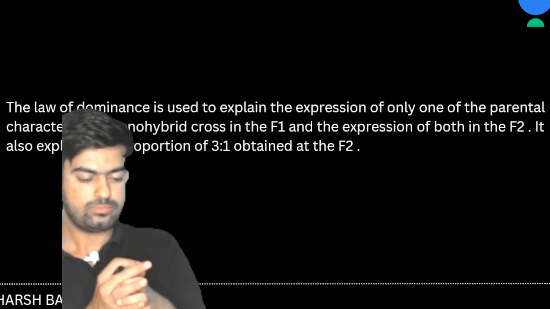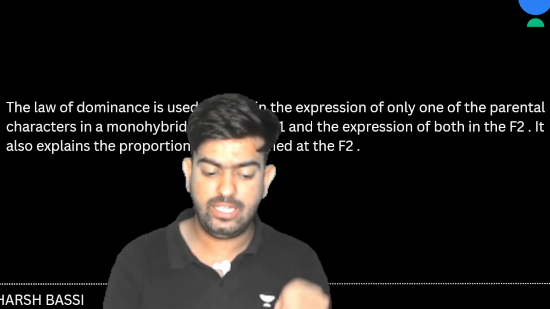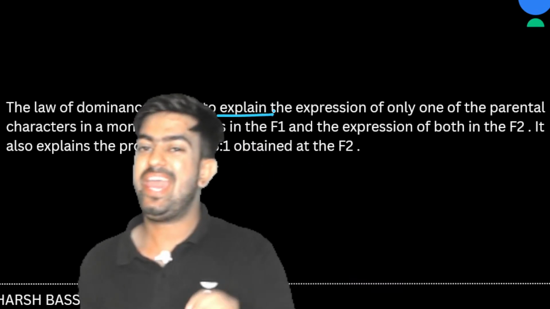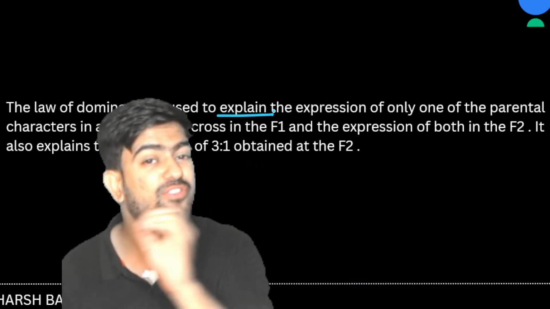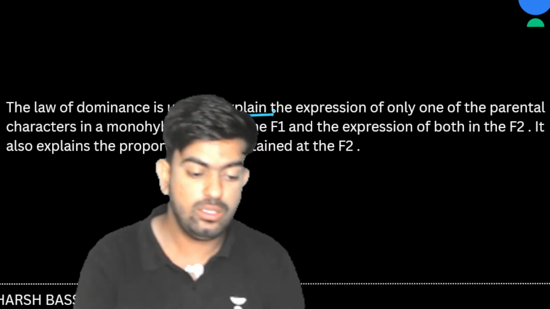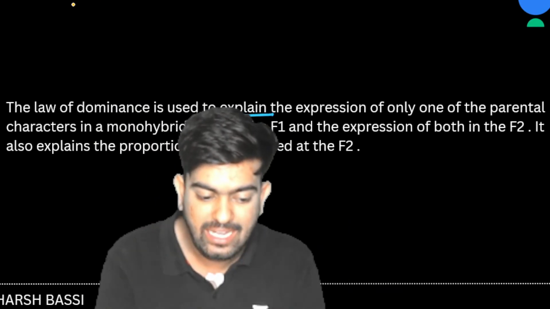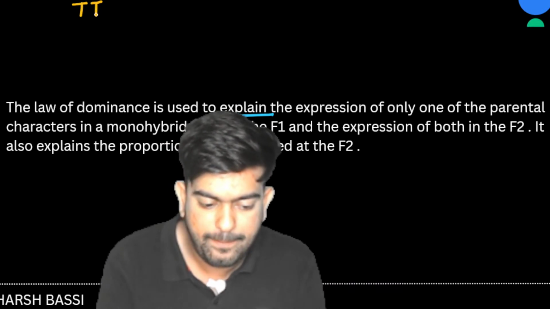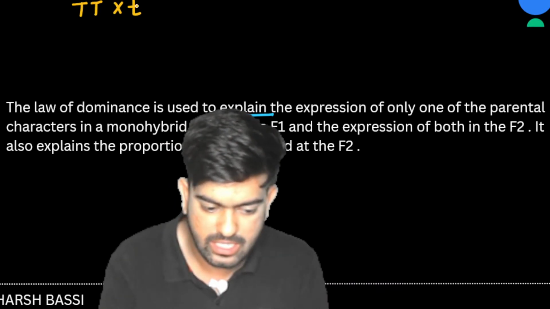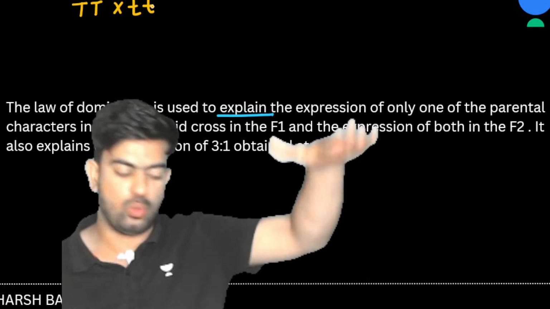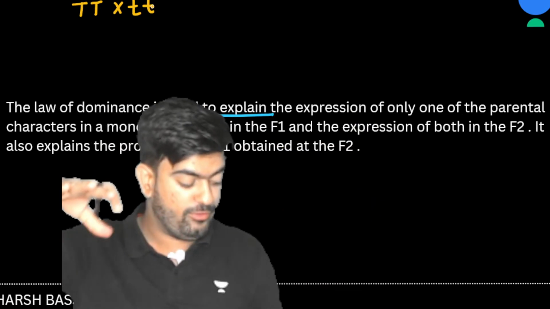Now see, the law of dominance is used to explain the expression of only one of the parental characters. Yes, you heard it right. When we go back to the cross, we saw that we took pure parents for the F1 cross. One parent was totally tall and the other parent was short.